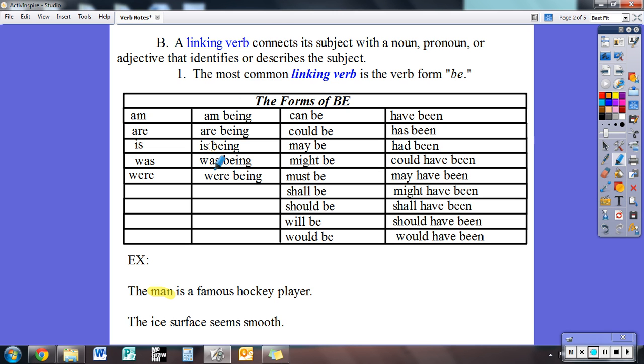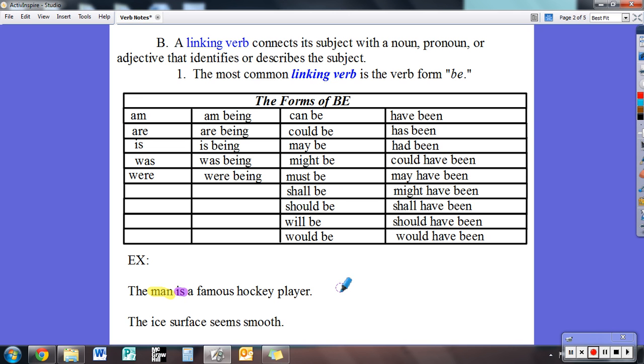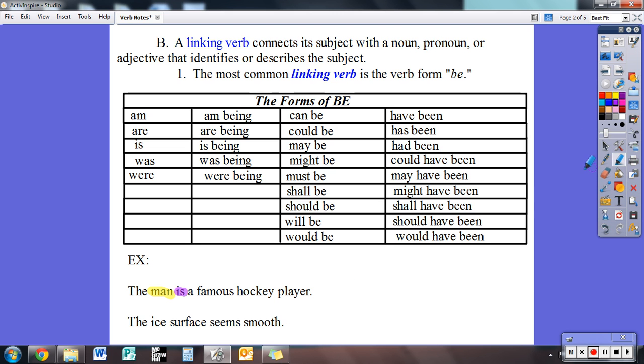And according to our chart, my linking verb is the word is. Okay, so now the other question that we have to answer is, what is it linking the subject to? There's going to be something in the predicate that it is linking to. So let's take a look.